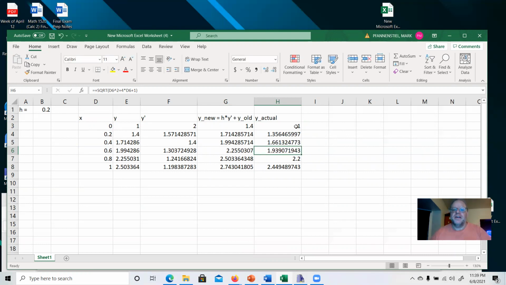Okay. So what do I want to do now? Sometimes the interest is getting these two numbers. And our h of 0.2, that's pretty big. So we could do a new thing.